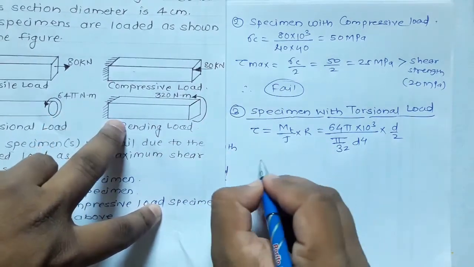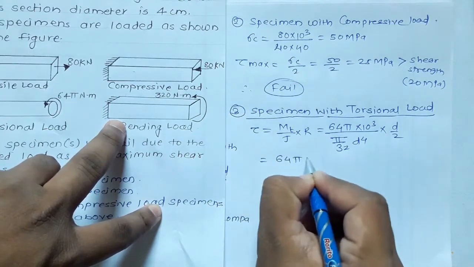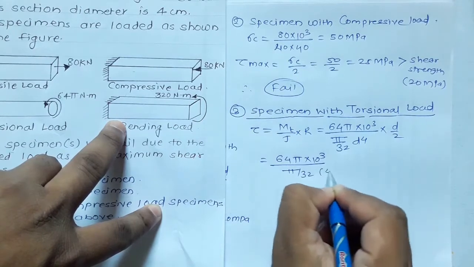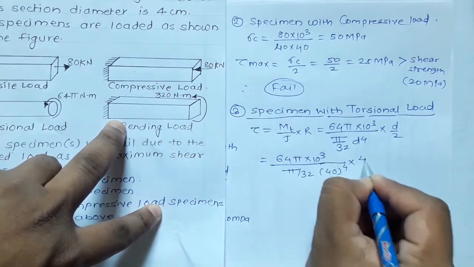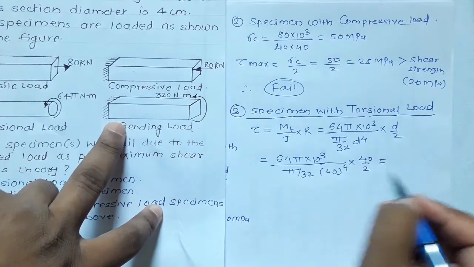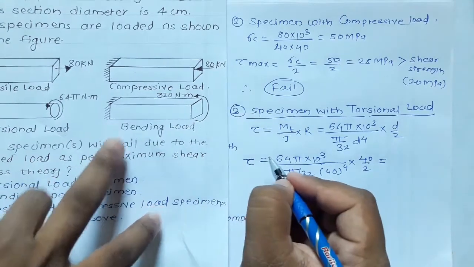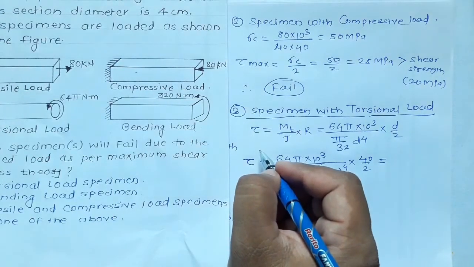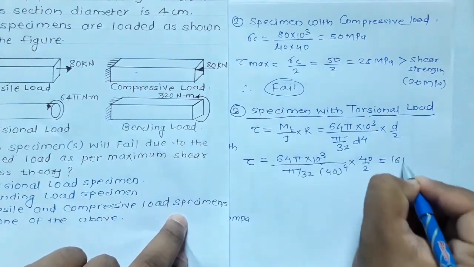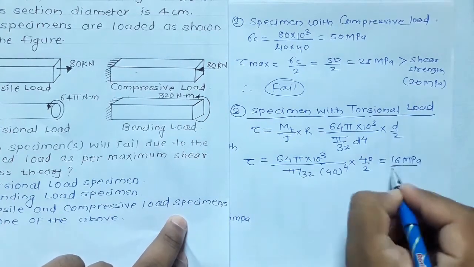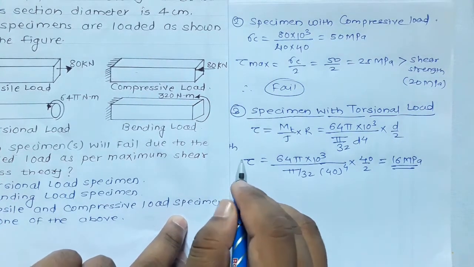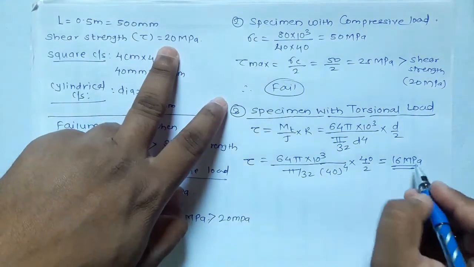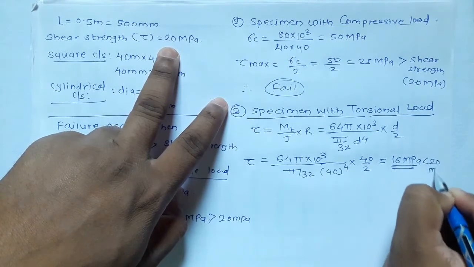So let us put these values. Therefore 64 pi into 10 raised to 3 upon pi by 32 into 40 raised to 4 into 40 upon 2. If you calculate this value of induced shear stress in this specimen, its magnitude is 16 megapascal, and it is less than shear strength value of this material, that is less than 20 megapascal.